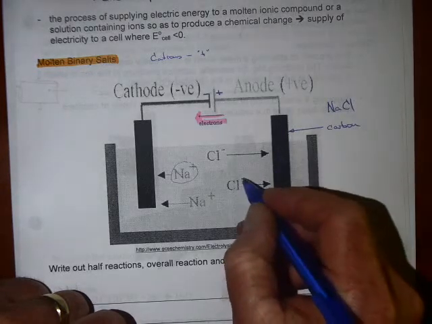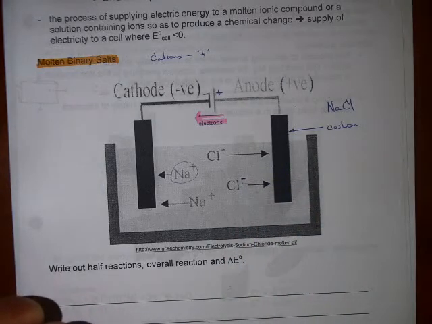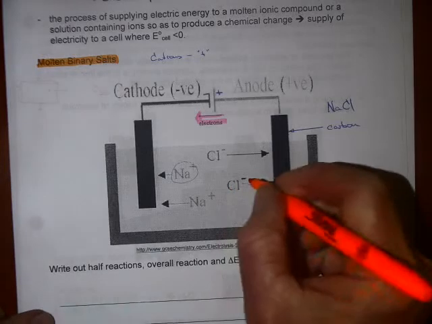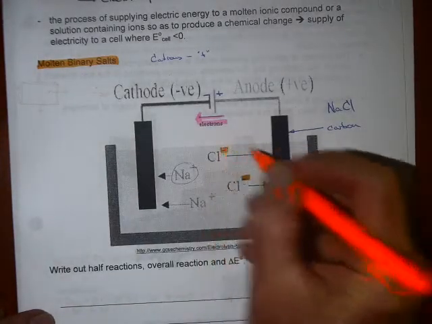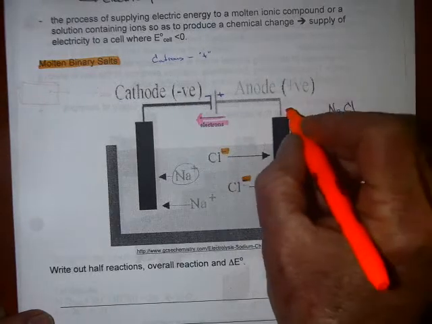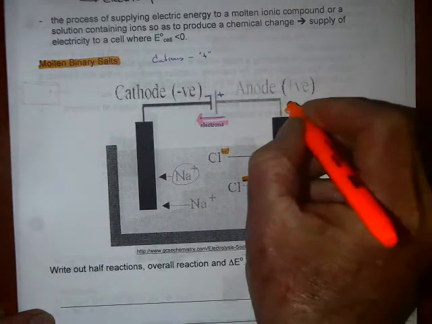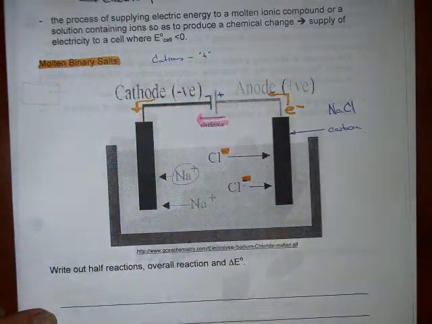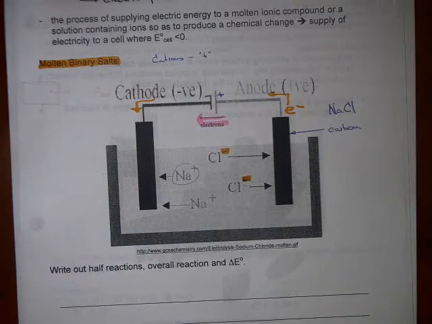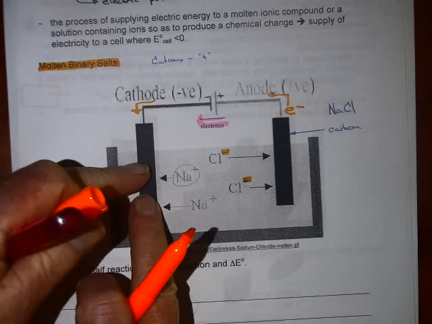So these electrons that you see here, maybe I should do that in some other color. These electrons here will end up being transferred around this way, and will create a negative environment here.